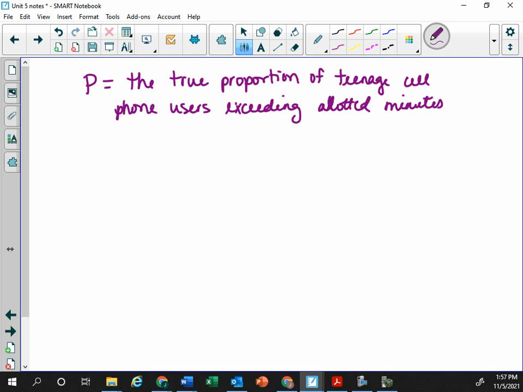Is it ever a t-test with proportions? No. Okay, good. You're close, you're close. It is a one sample z-test for proportions.